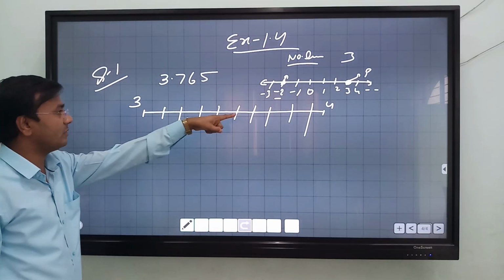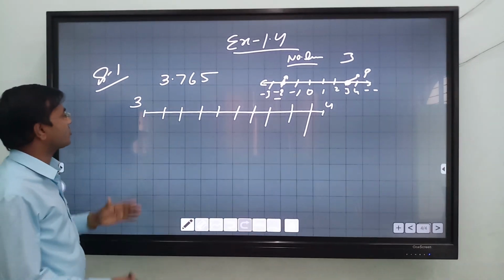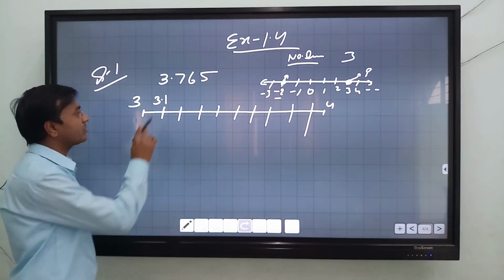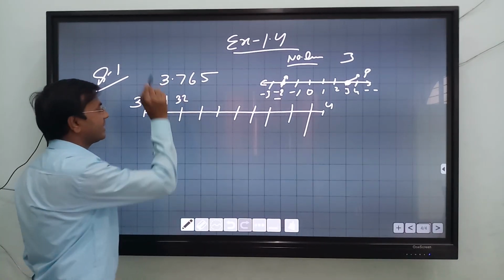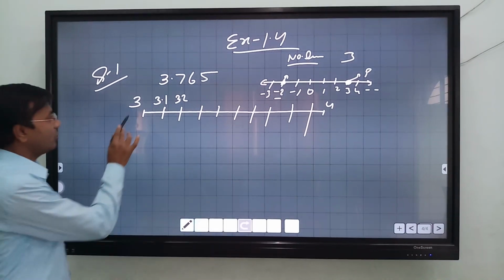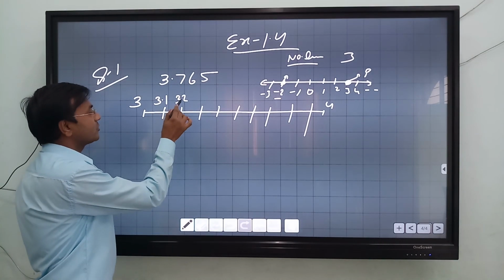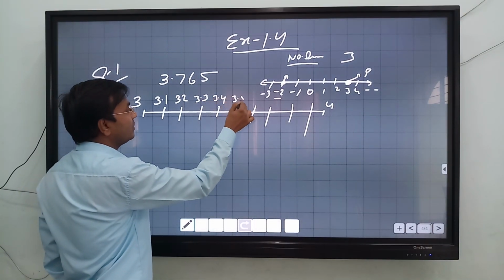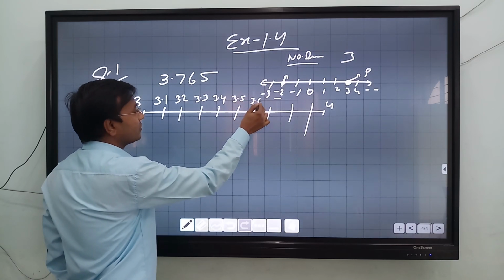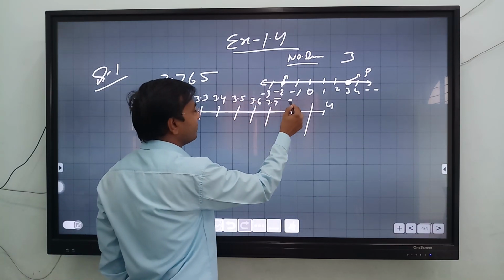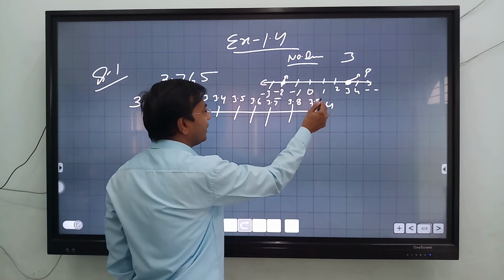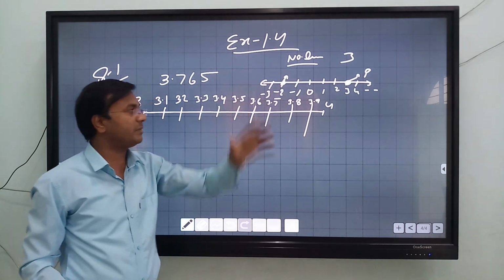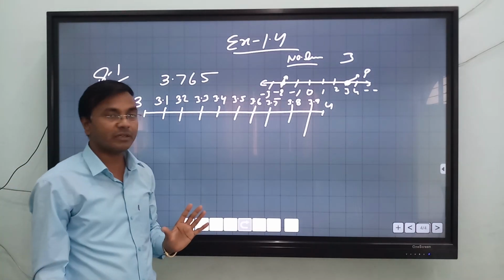So to get 4 we have to start from 3, so this number is representing 3.1. Next division can be taken as 3.2, because numbers are now coming in decimal. So this is 3.2, 3.3, 3.4, 3.5, 3.6, 3.7, 3.8, 3.9, and we are very sure after 3.9 the next number must be 4. Clear?